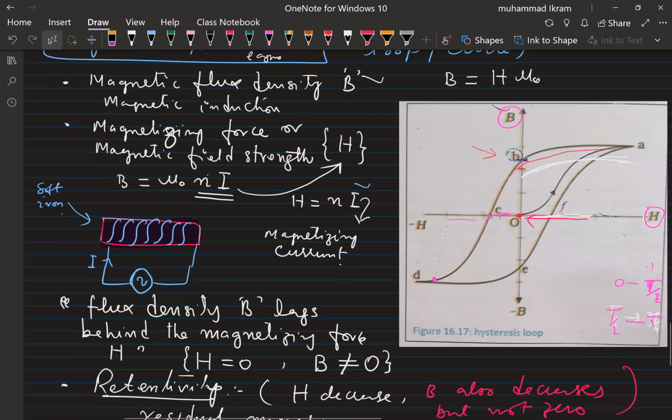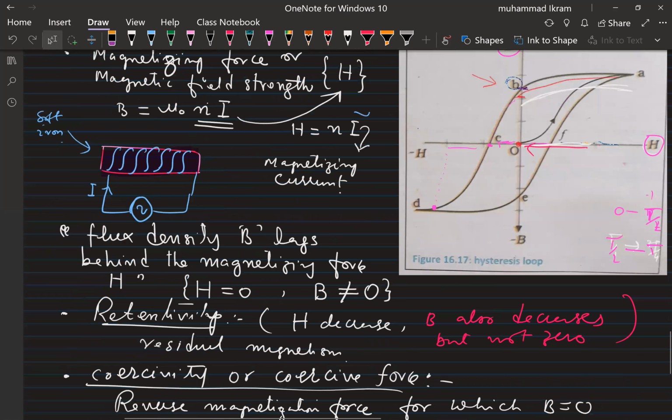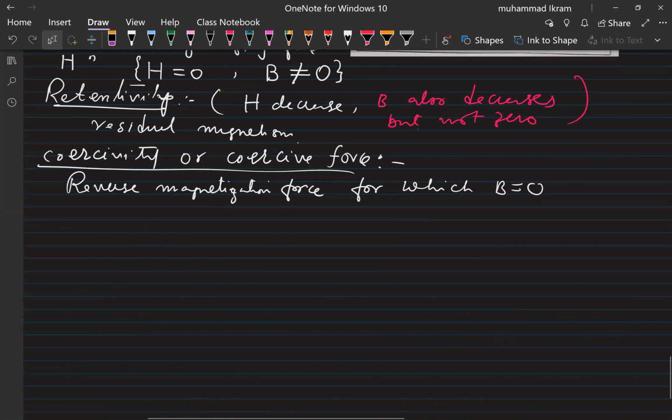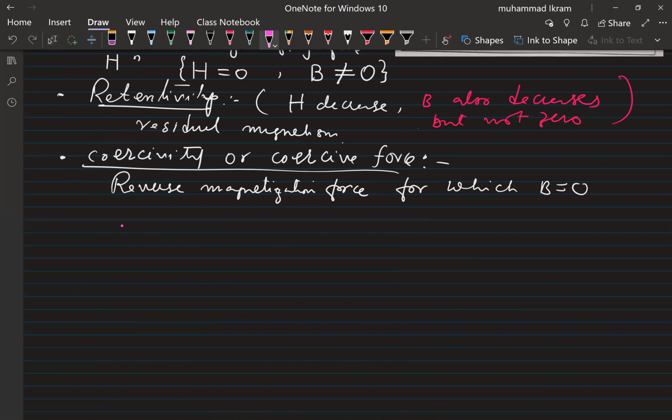This phenomenon is known as coercivity: if H is further increased in the reverse direction, B attains a maximum value.